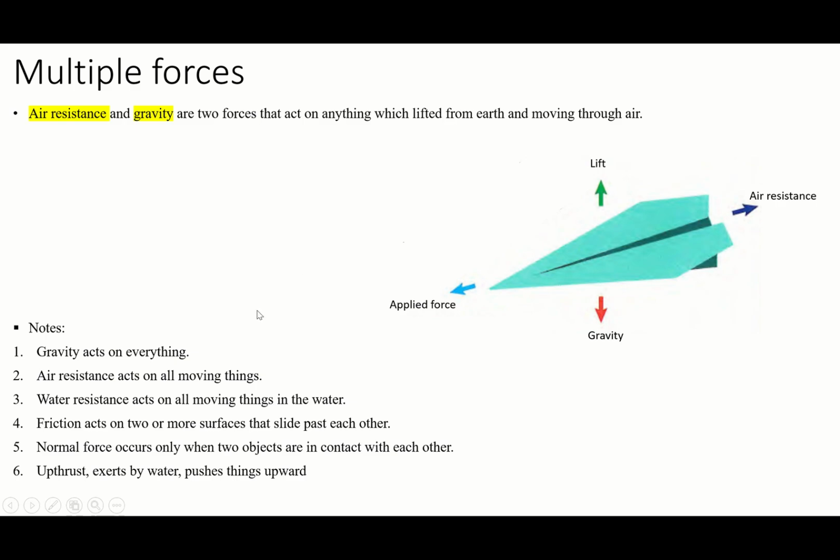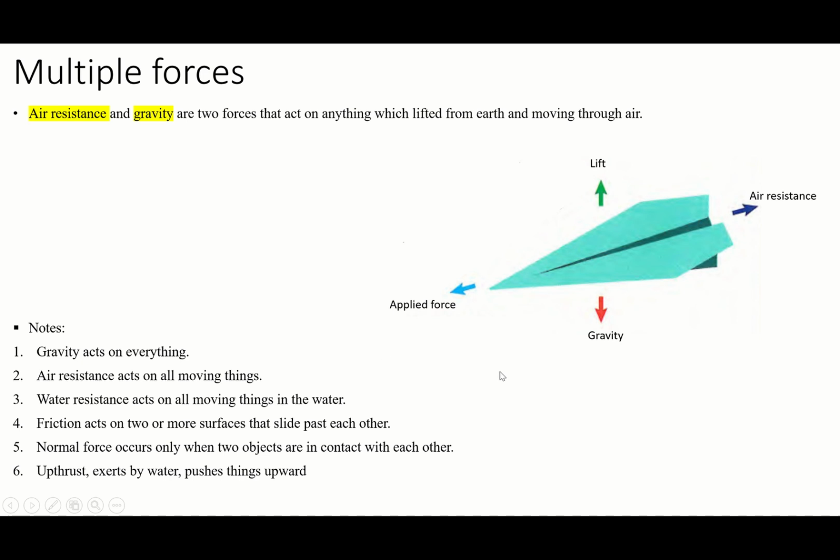Okay, guys. There are some notes for multiple forces that you have to know. If you see anything on the earth, I mean in the sky or anywhere else, because it's on the earth, you directly say it has gravity, because everything has gravity. And air resistance acts only on moving objects in air.